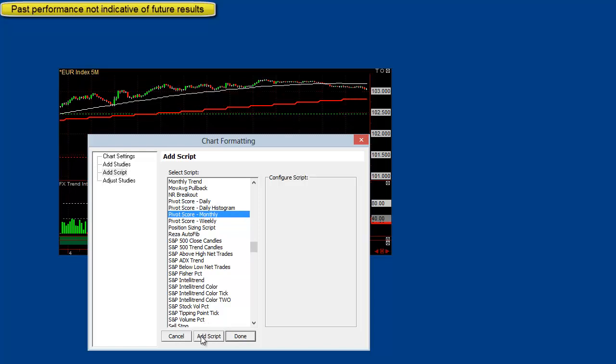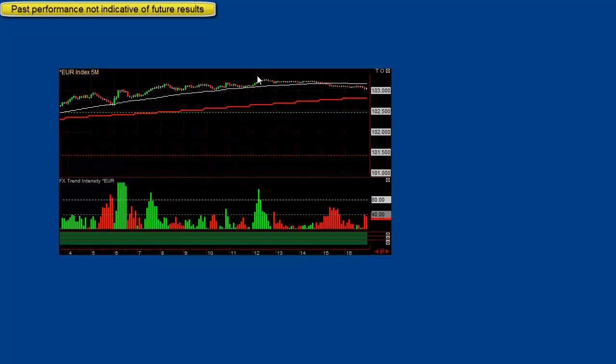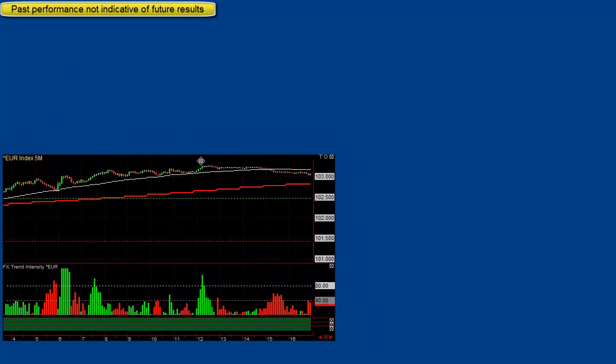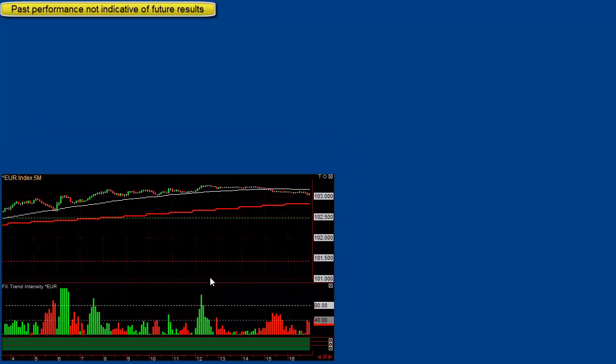So what now you have is a chart of the euro that also shows the previous day's high, previous day's low in red, hourly moving average in red, and the 15-minute moving average in white.